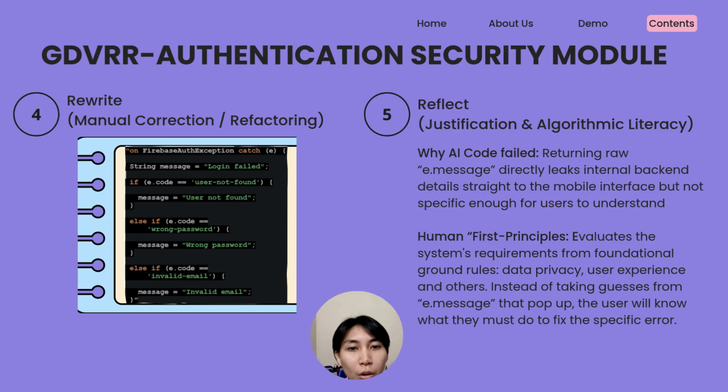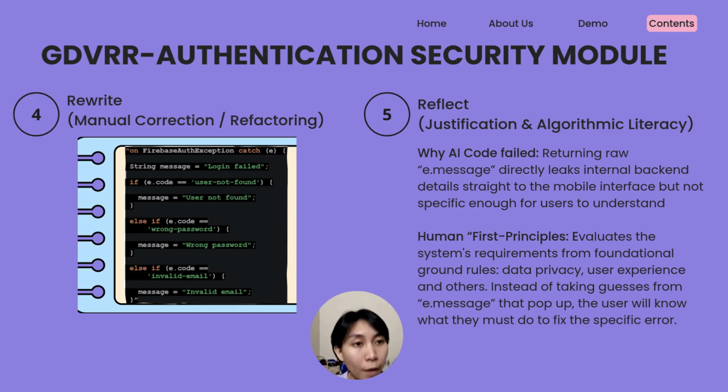So I changed the code so that if the user fails to log in, it shows what kind of error, whether their username or email cannot be found, or their password is wrong, so the user will know what they can change in real time.